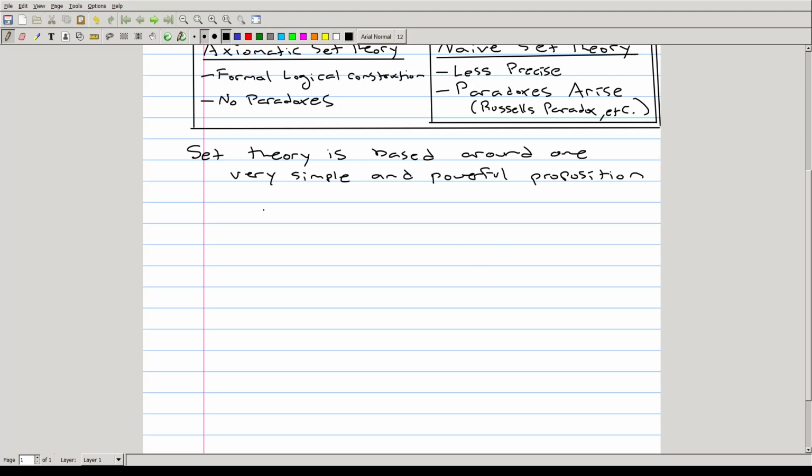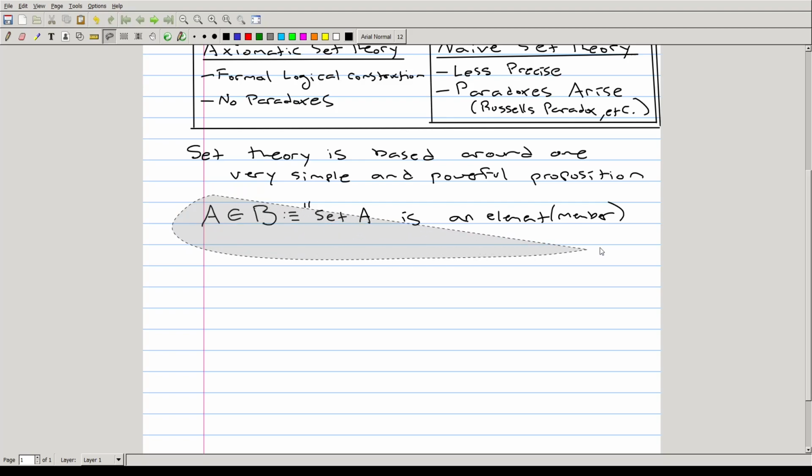And this is the proposition A ∈ B, where A and B are two sets. This proposition is the proposition that set A is an element or member of set B.